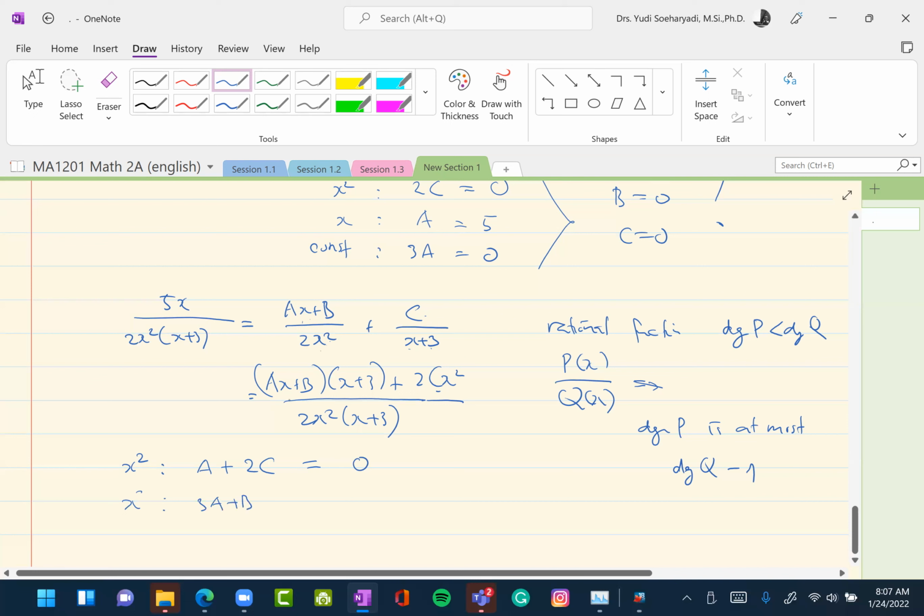The x comes from this one. So a, and also this multiplication, sorry, with this one.